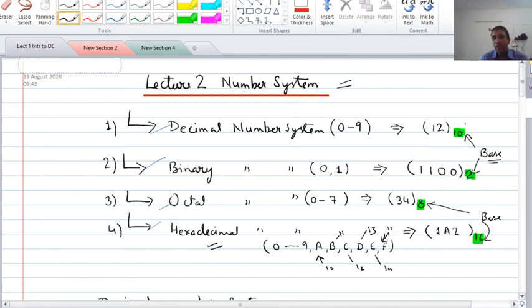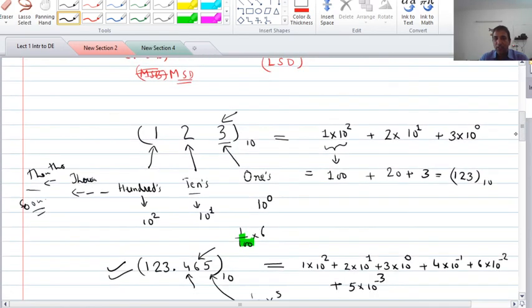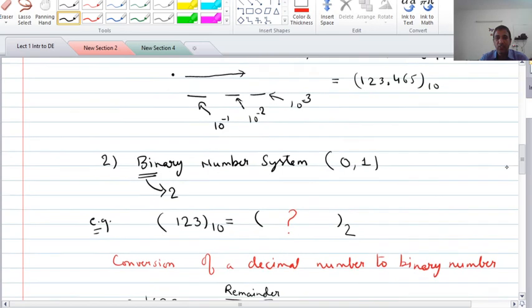Decimal has base 10, binary has base 2, octal has base 8, and hexadecimal has base 16.